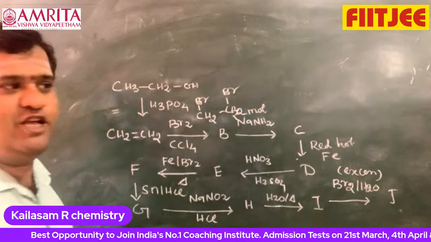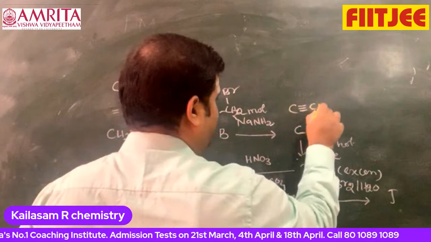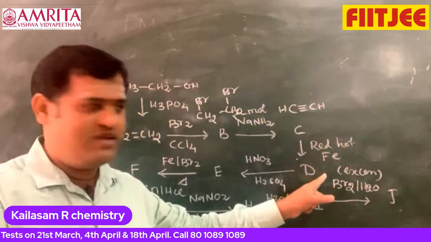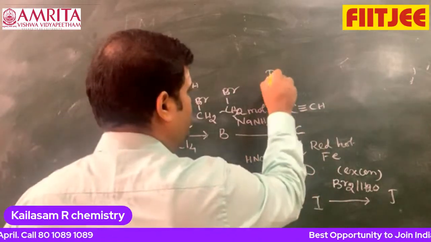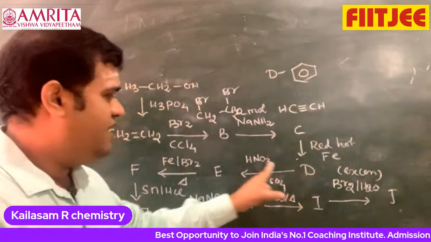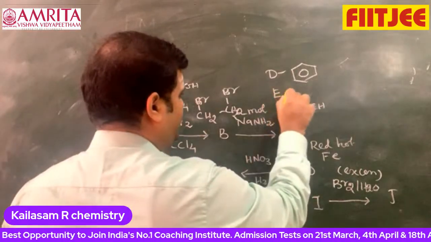Then 2 moles of NaNH2 base gives us the alkyne, C triple bond CH. Then red hot iron tube, D, what are you going to get? D must be benzene. So D is benzene. Then benzene with HNO3, H2SO4 is E. E is nothing but nitrobenzene.